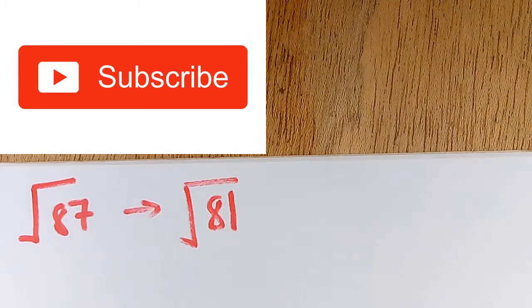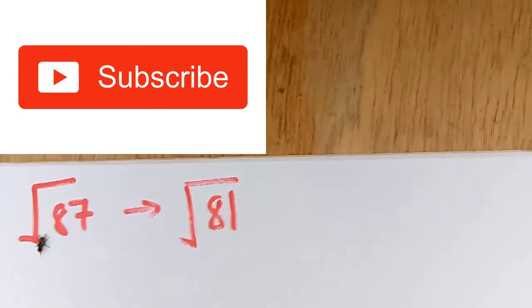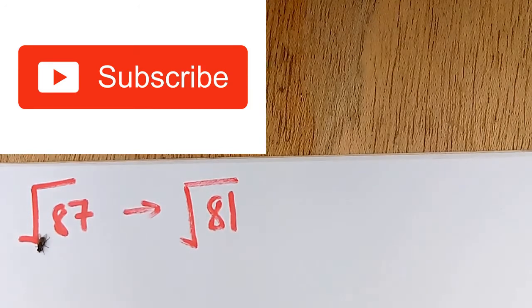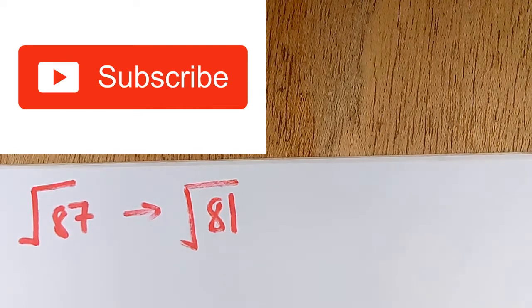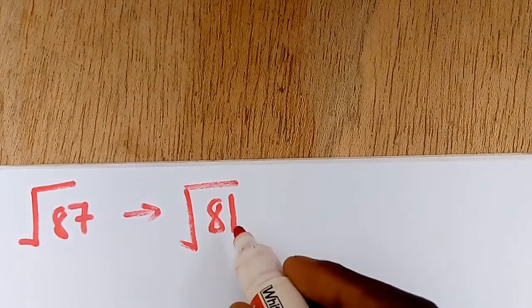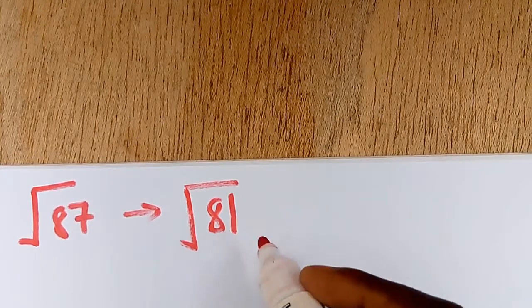We can find the square root of 81 perfectly, which is 9. The square root of 81 is 9.